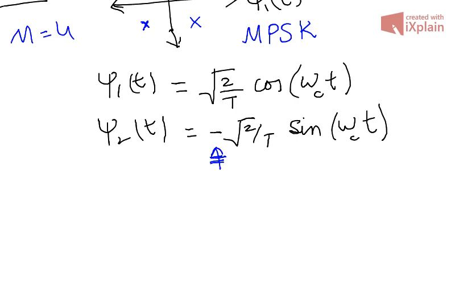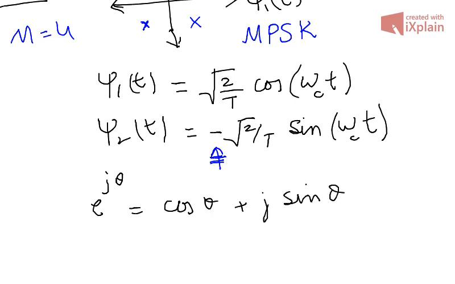Now with this knowledge, another useful identity which we are going to use today is the Euler identity, e raised to the power j theta, and you are familiar that this is equal to cos of theta plus j sine of theta.